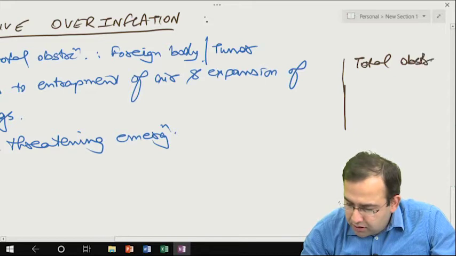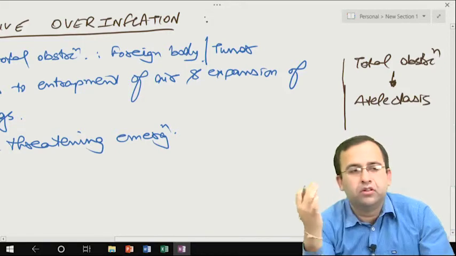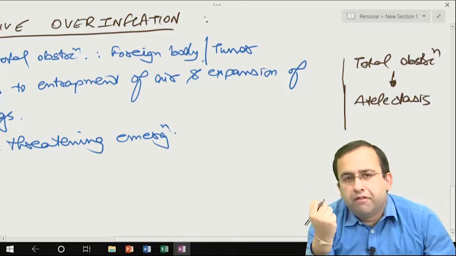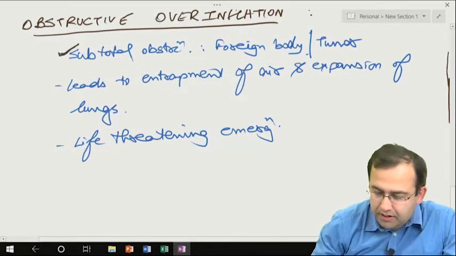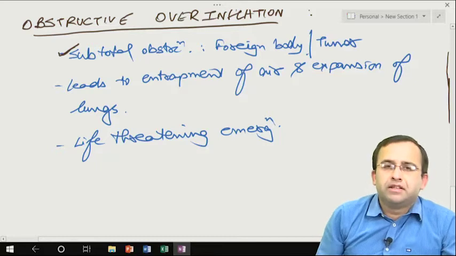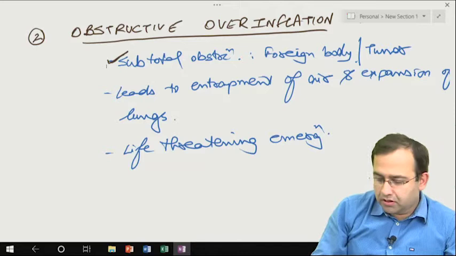Total obstruction of airways is associated with atelectasis, that is, collapse of the lung, whereas partial obstruction of the airways is associated with emphysema. Very important difference.